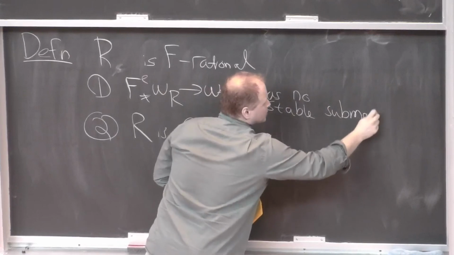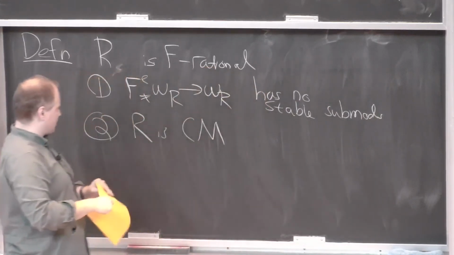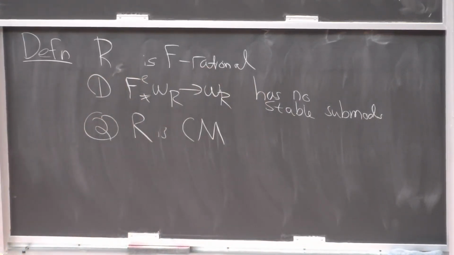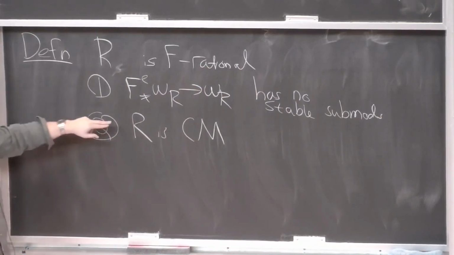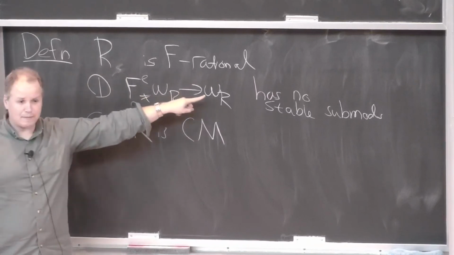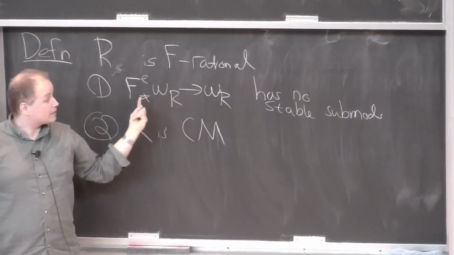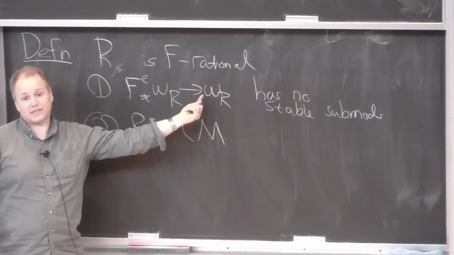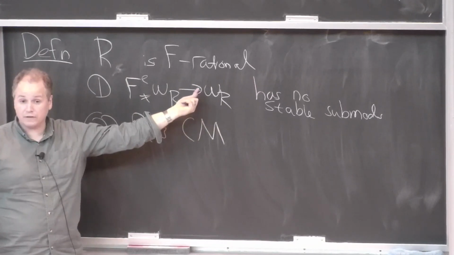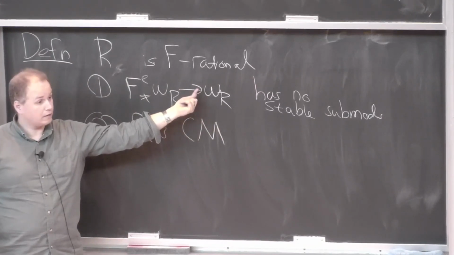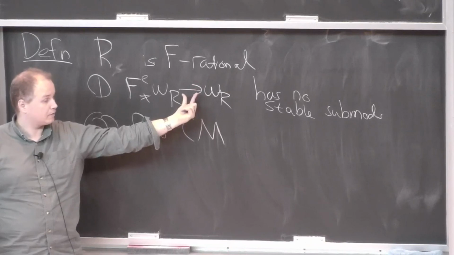This is not the original definition of F rational. It's basically due to Karen Smith. But if I have something that's F rational, that's equivalent to saying R is Cohen-Macaulay, and when I look at this dual map we've been talking about the whole time, it's saying that this has no stable submodules besides 0 and omega R itself. Okay? Some kind of simplicity statement.